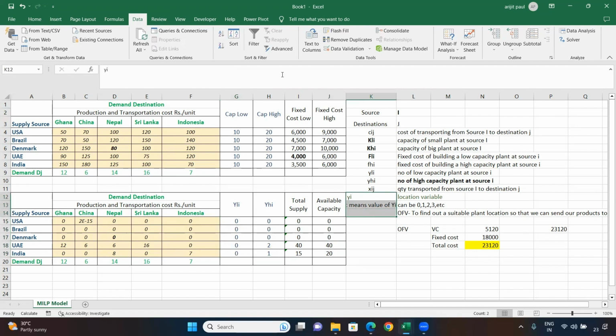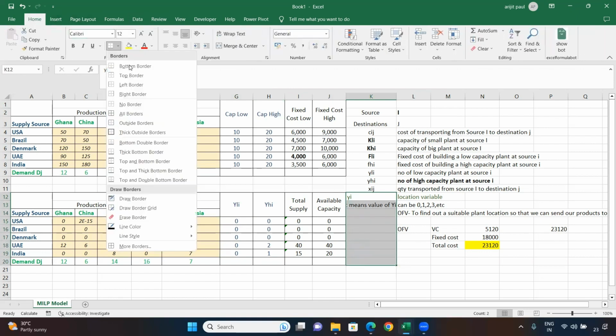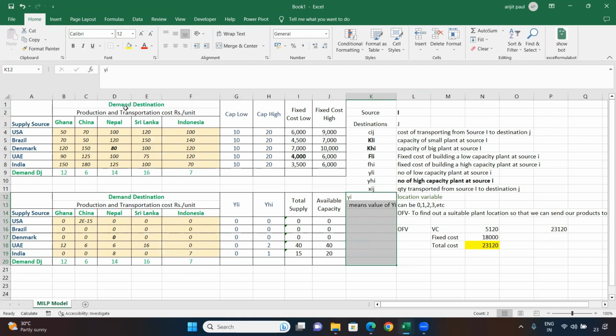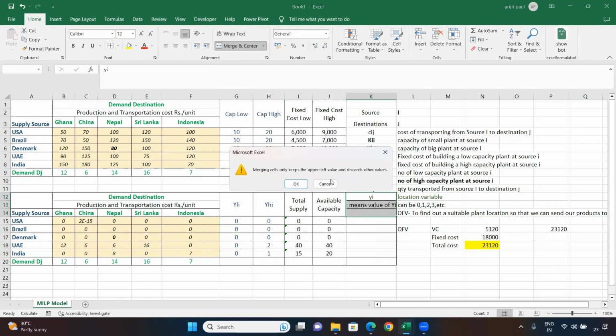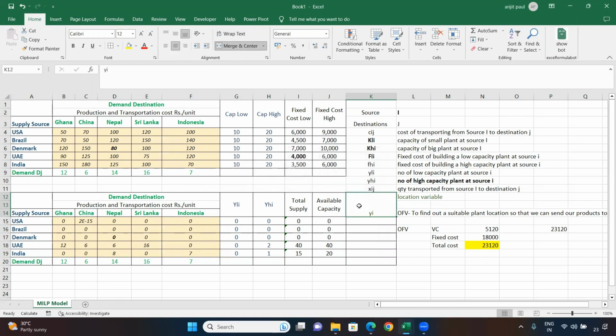So do one thing. Here I am creating another column: number of plants.